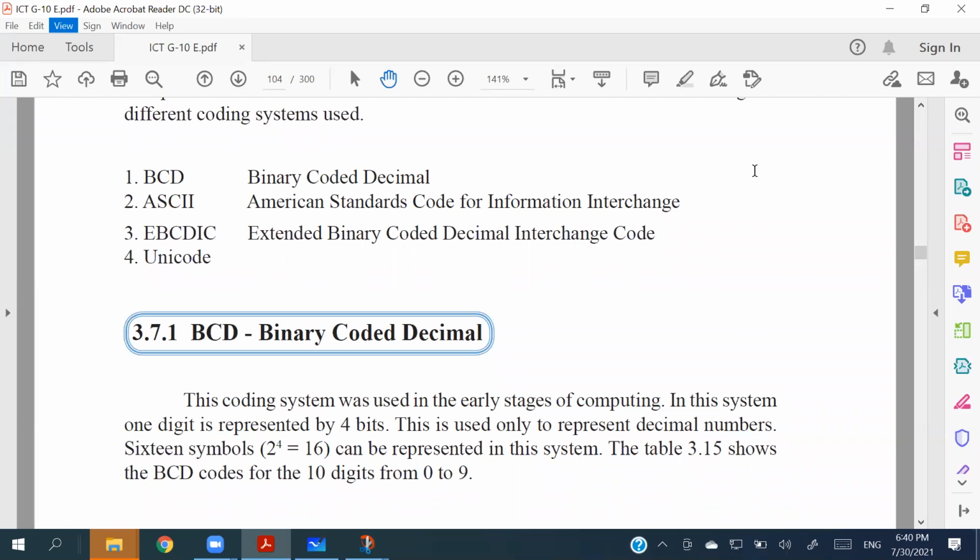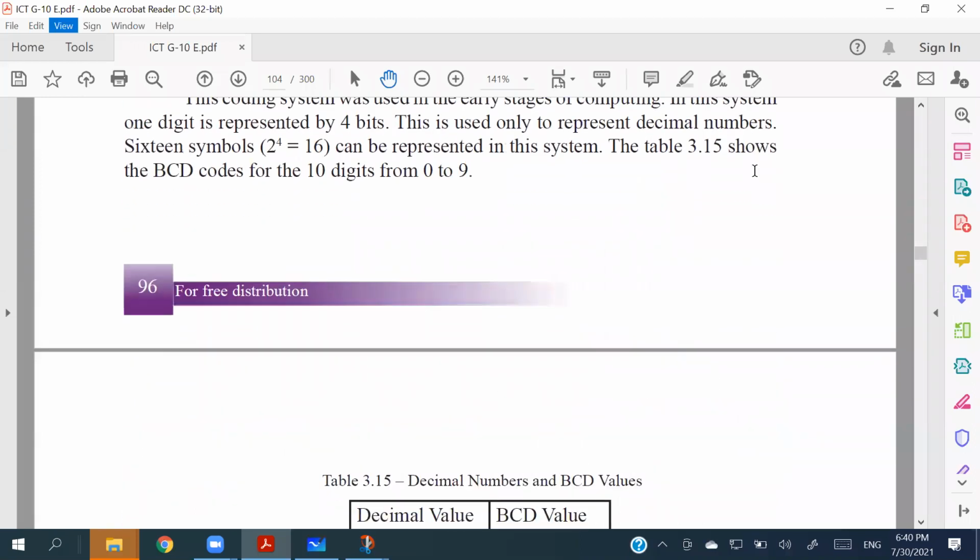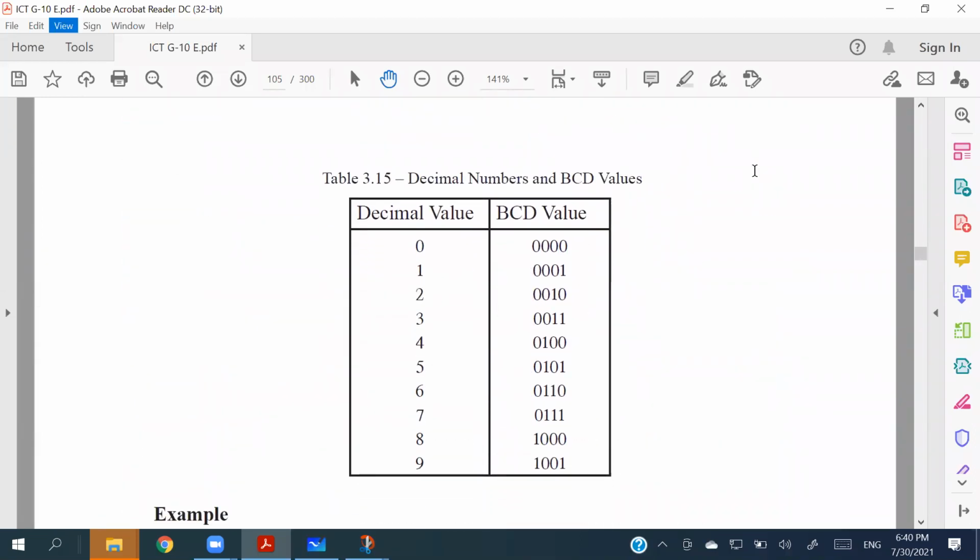The similar technique they used, but here they are not representing the hexadecimal values. Instead, they are representing the decimal values, right?